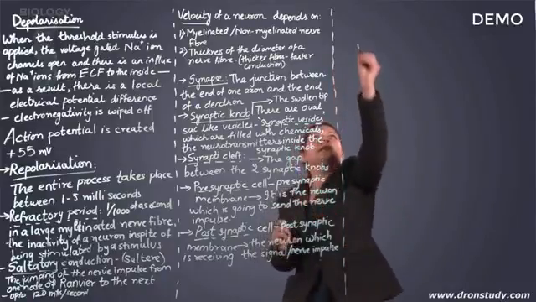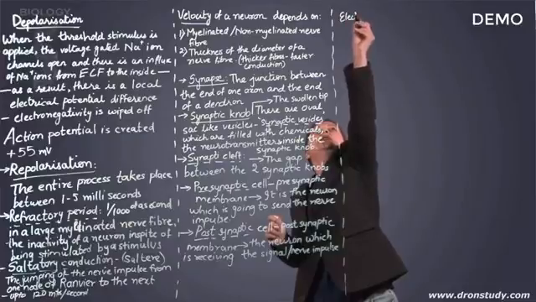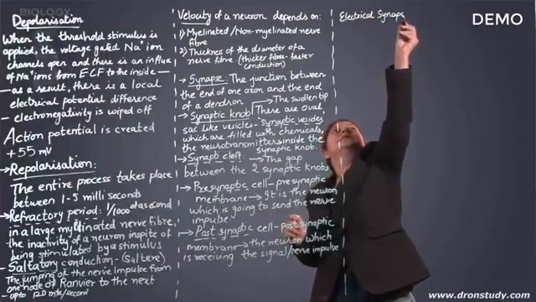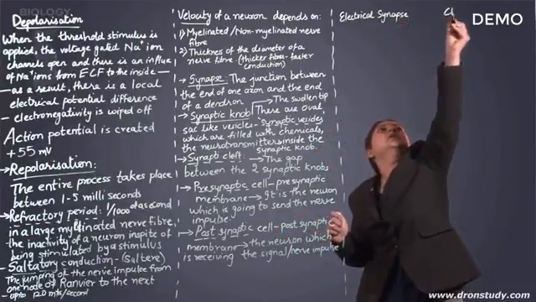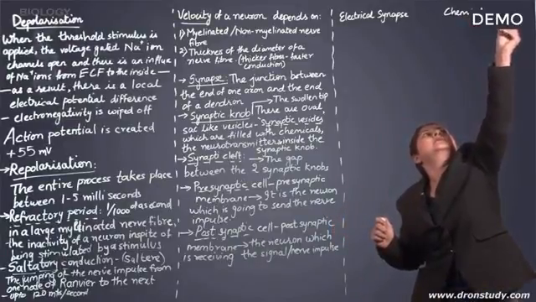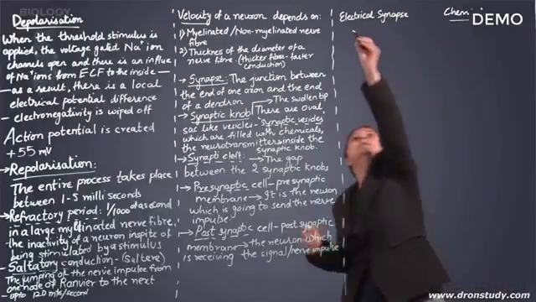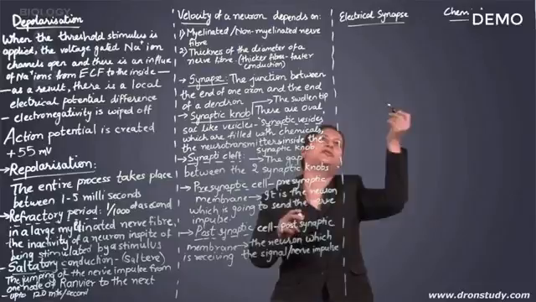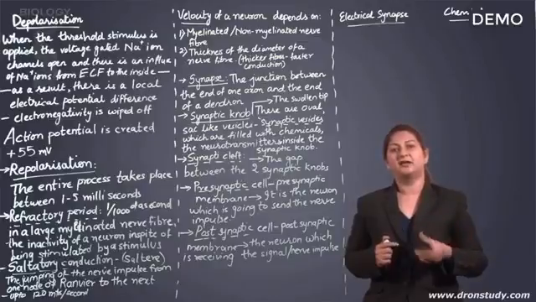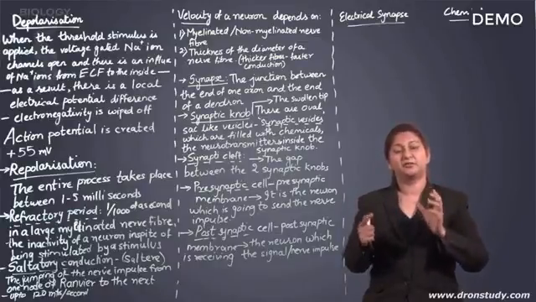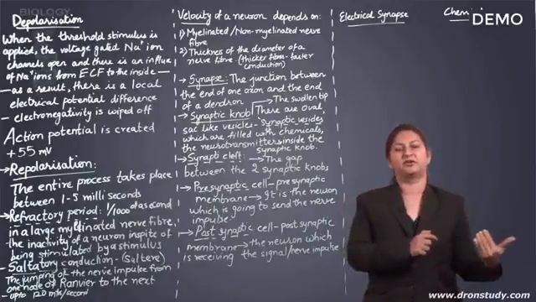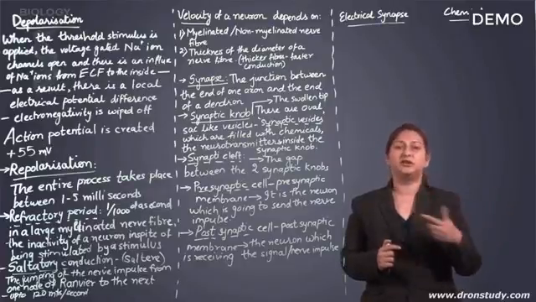There is the electrical synapse and there is the chemical synapse. Now what is the difference between them? The electrical synapse is brought about by the potential electrical difference, which is transmitted across and brings about the nerve impulse.